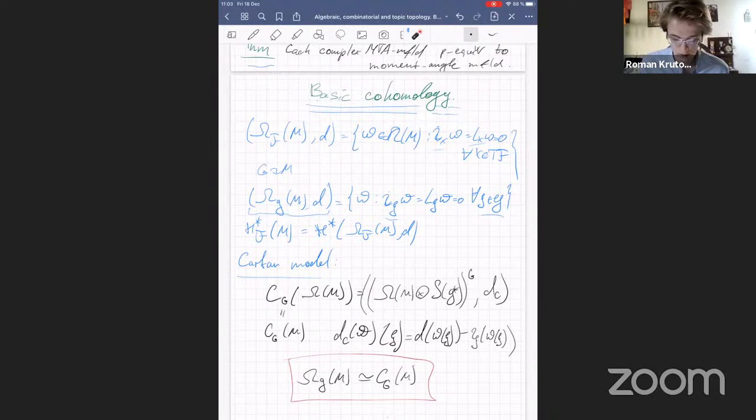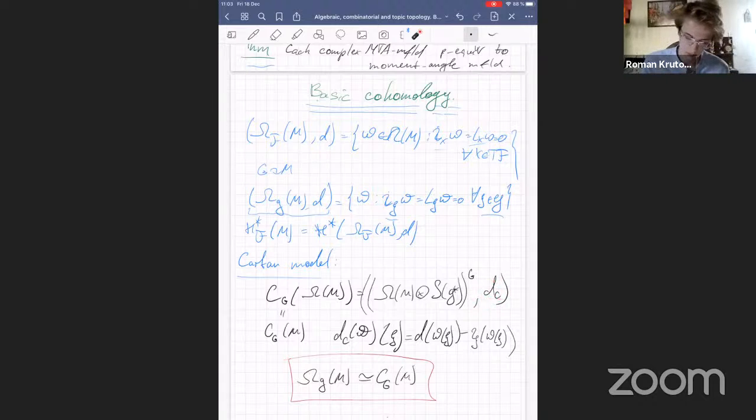We take the tensor product of all forms on M with symmetric polynomials with values in G, and take all the invariants under the G action on this tensor product.